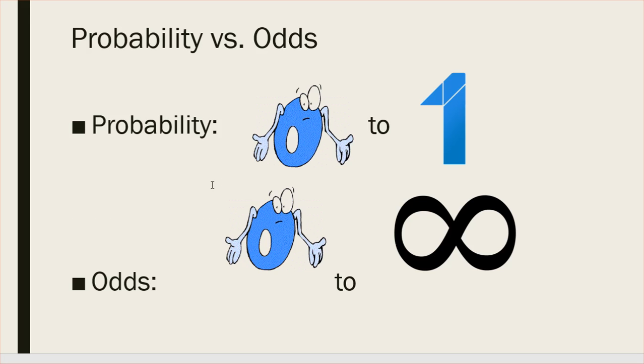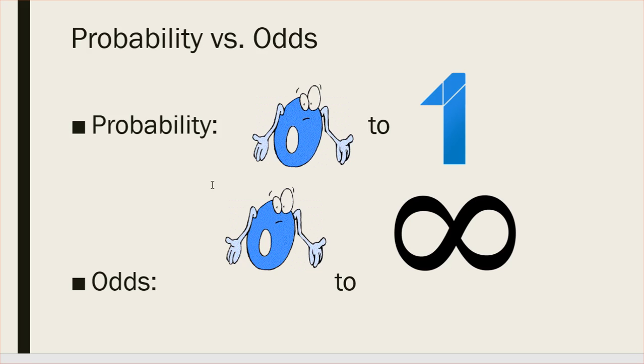And just know that probabilities can range from anywhere between 0 to 1. They cannot be below 0, they cannot be negative numbers or above 1. And odds can be anywhere from 0 to infinity.